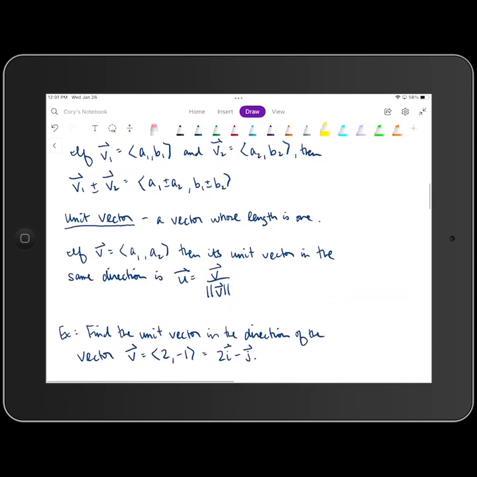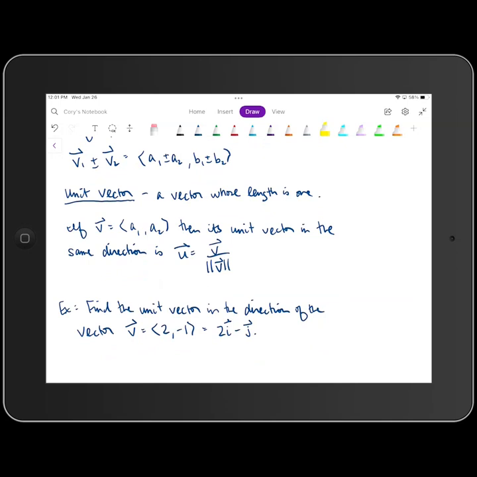Okay, next thing we're going to talk about really briefly is the unit vector. So a unit vector is defined as a vector whose length is 1. And something that we can actually compute is, if we are given vector v with first component a sub 1 and second component a sub 2, then its unit vector in the same direction, which we're going to represent with the vector u, you can find that by taking vector v and dividing it by its magnitude.